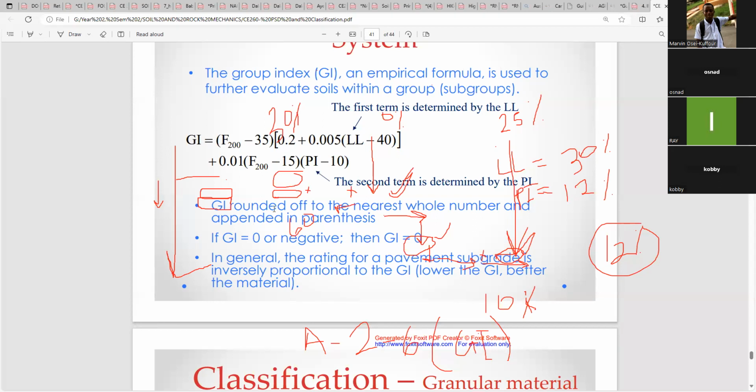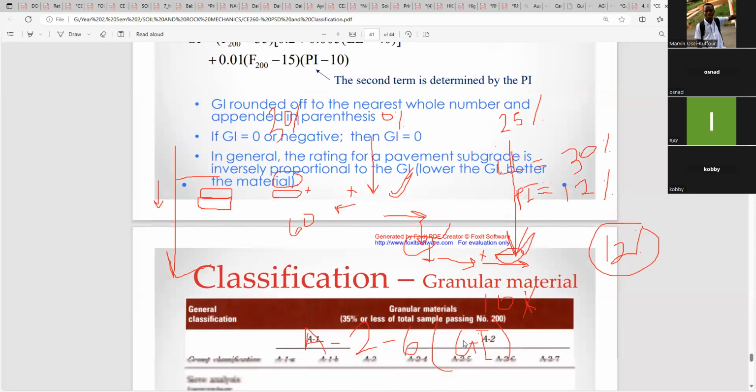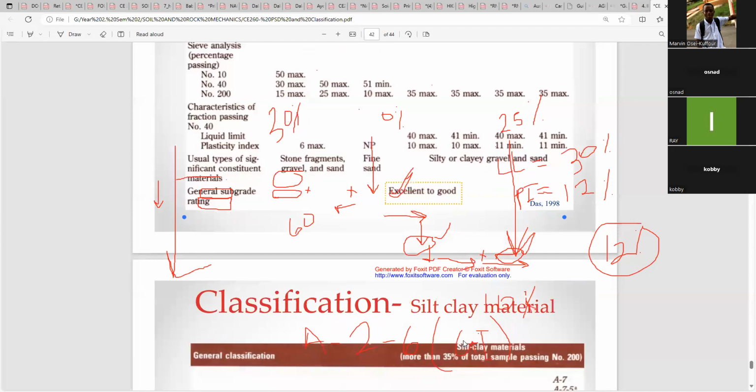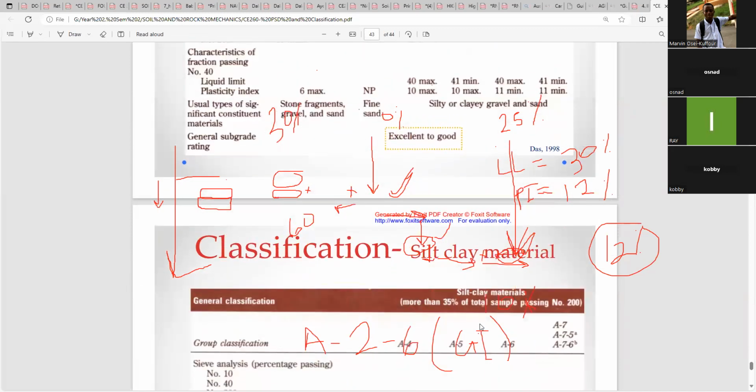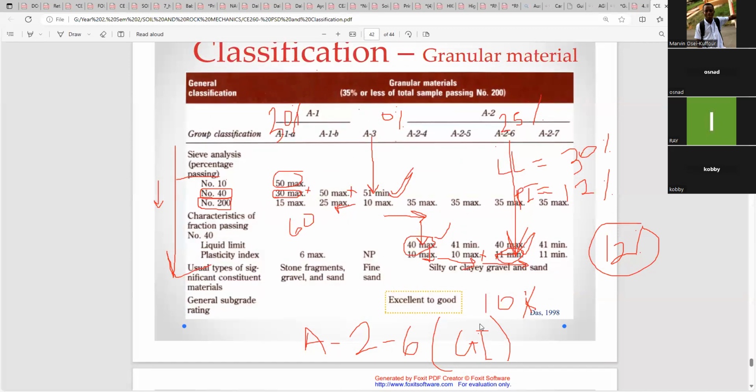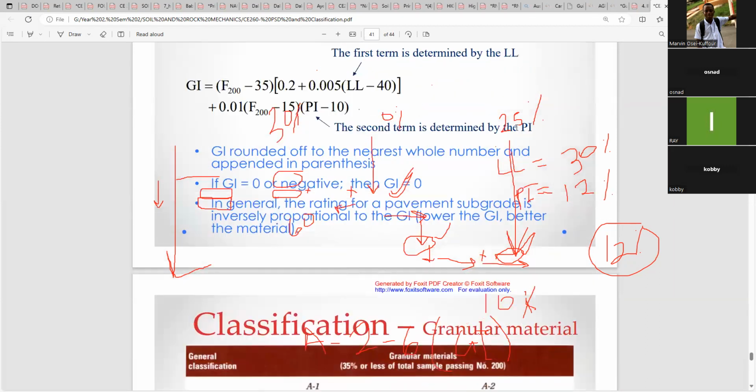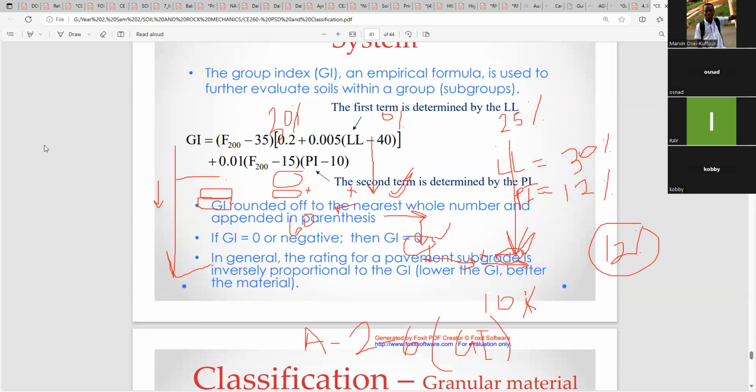After calculating this, you just round it and put it where we have the GI. Is that clear? All the parameters will be given to you. Let's calculate. For number 200, we had 25%, so you put 25 at the F200 here.